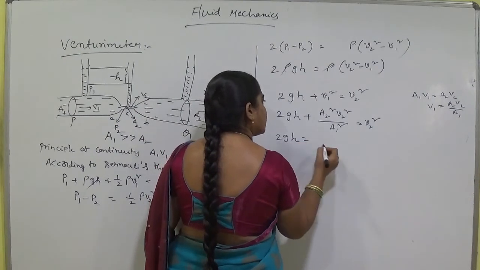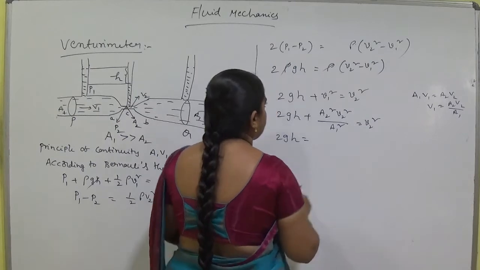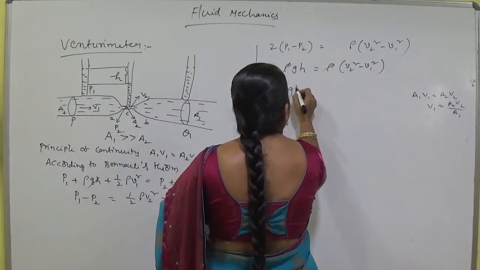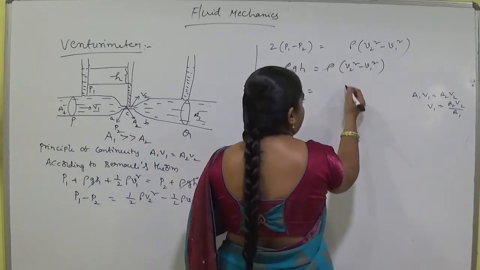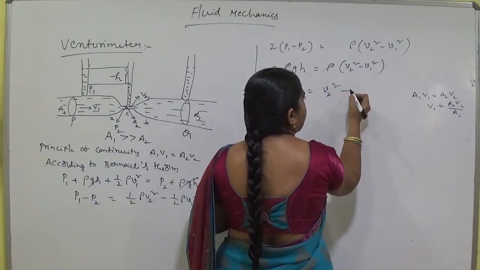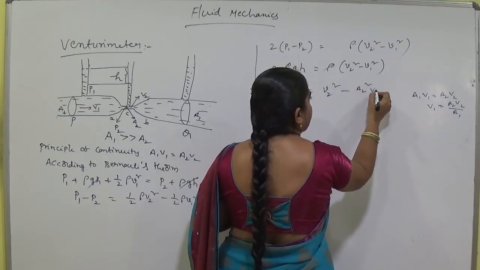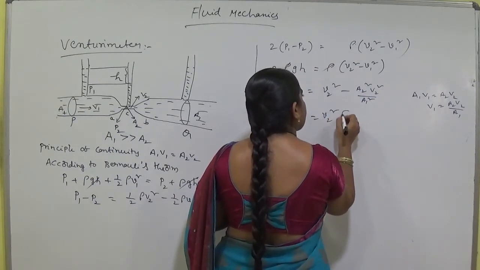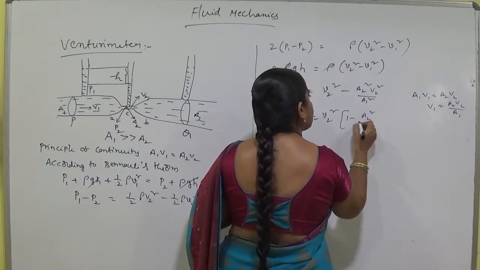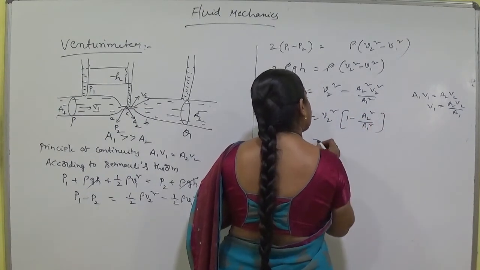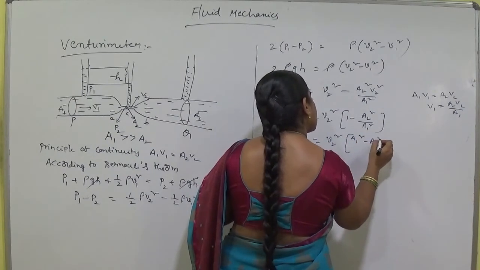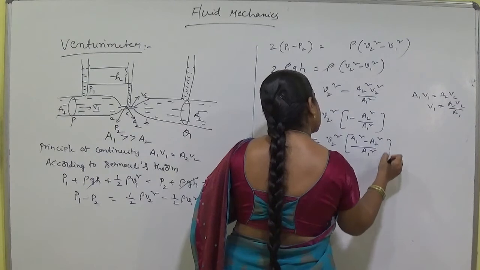2GH is equal to V2 square into (A1 square minus A2 square) by A1 square.